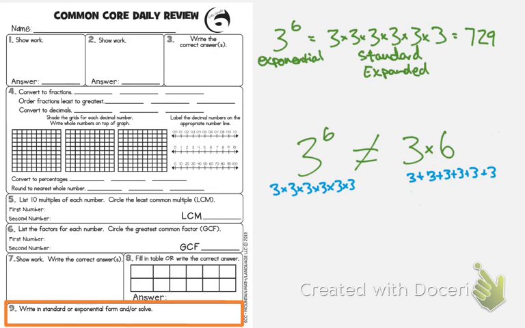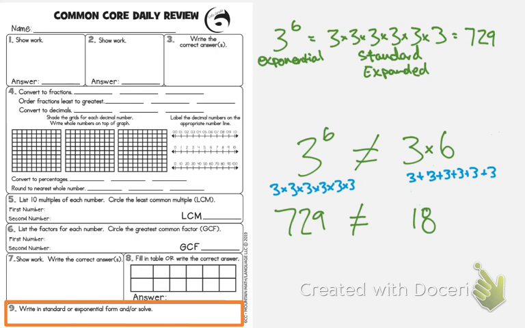And we've already solved both of these problems. We know that the value of 3 to the 6th power is 729, and we know that 3 times 6 is 18. And those things obviously don't equal each other. So make sure you don't make those common mistakes. One thing to think about, if you're ever not sure if you did an exponent problem correctly, is to use this as an example, and just remember exponent problems get really large really quick. 3 to the 6th power was already in the 700s, and 3 times 6 was only 18.